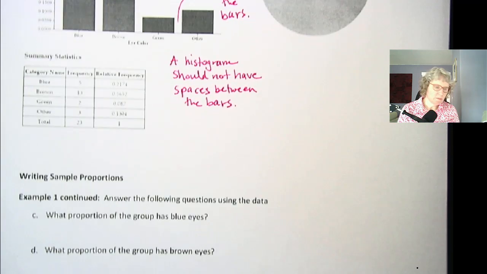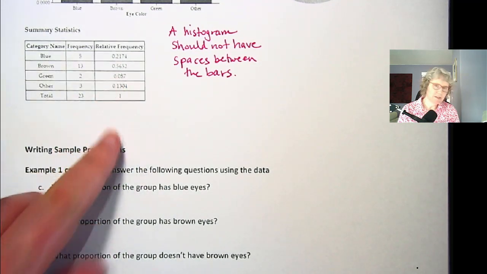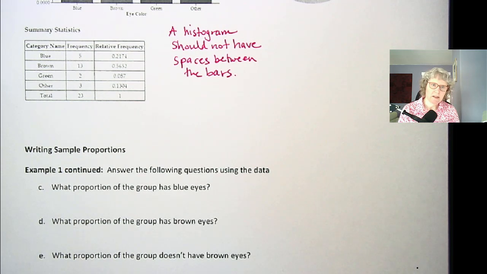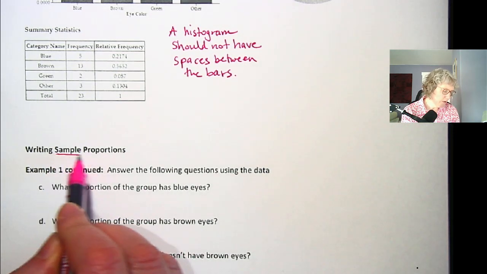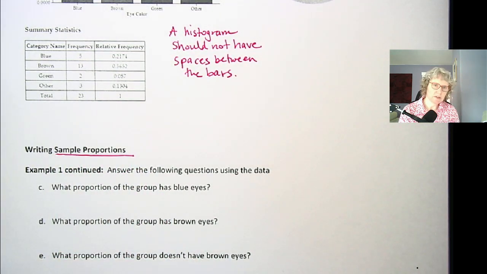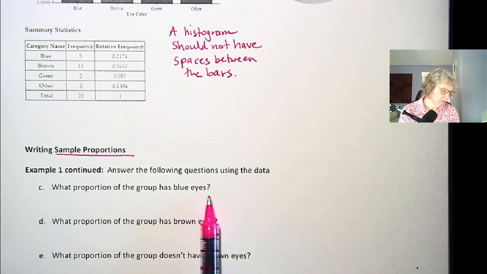Now let's get to some statistics, which we already calculated are relative frequencies. So we'll probably be using some of those again, but I want to show you how to write some sample proportions. Depending on the question, this says, what proportion of the group has blue eyes?